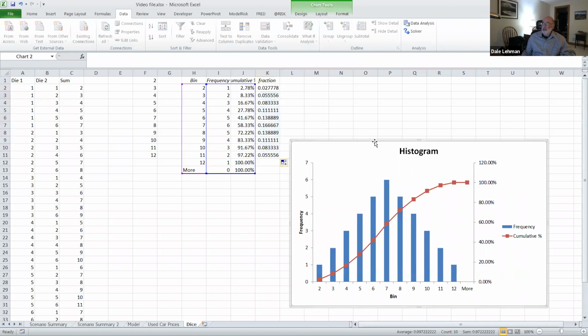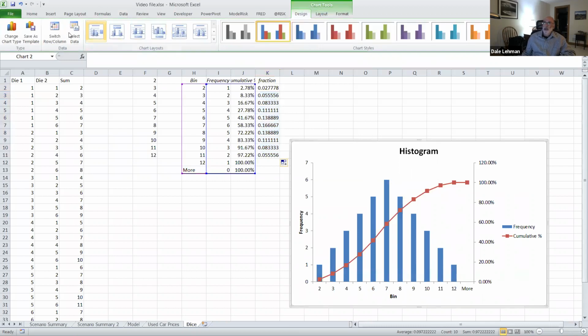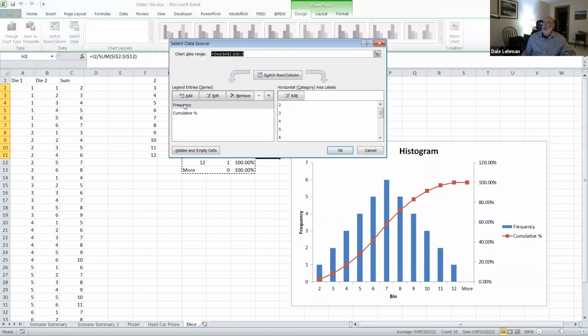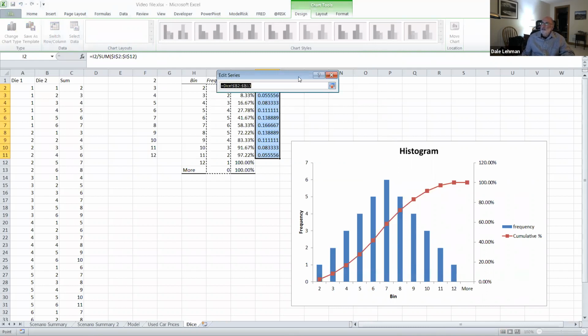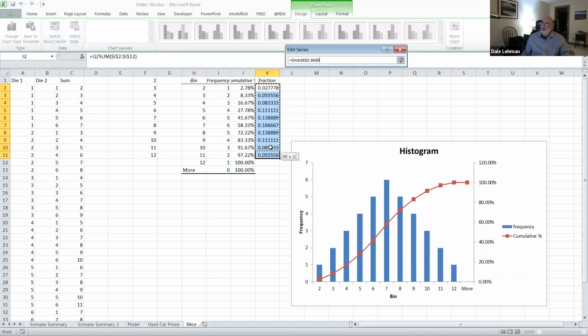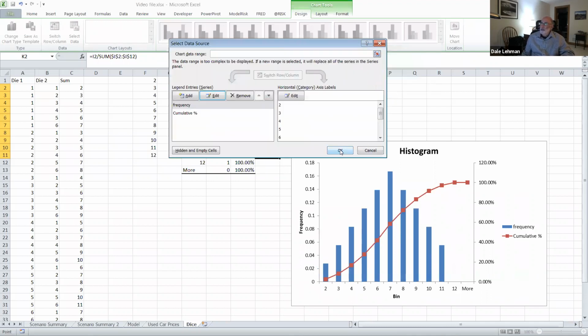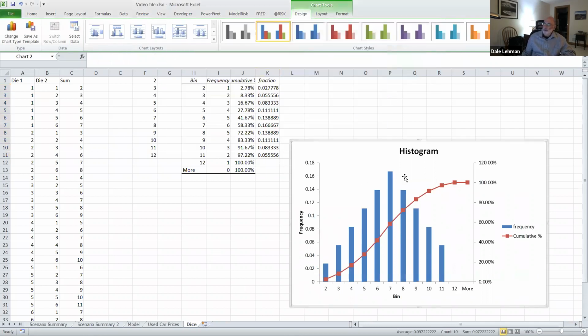And we can actually just change our picture here. Take the frequency and edit that so that the values are, let's call it frequency with a small f, and instead of using the original data, change it to this fraction of time.